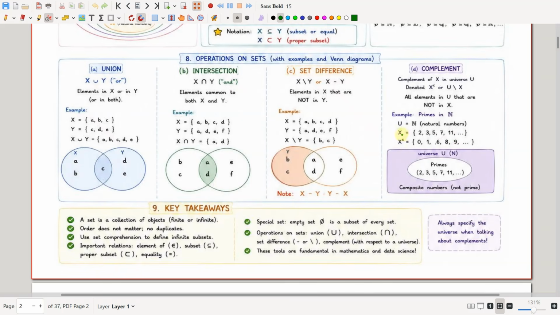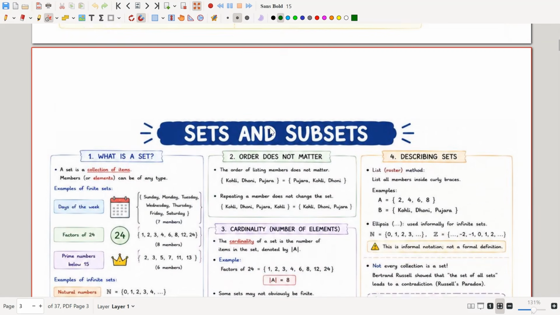So my X complement will be every number other than the prime numbers. See here, this set X represents the prime numbers, so X complement will be every other element which is not a prime number. Okay. So this is what we dealt with, the basic idea of sets.